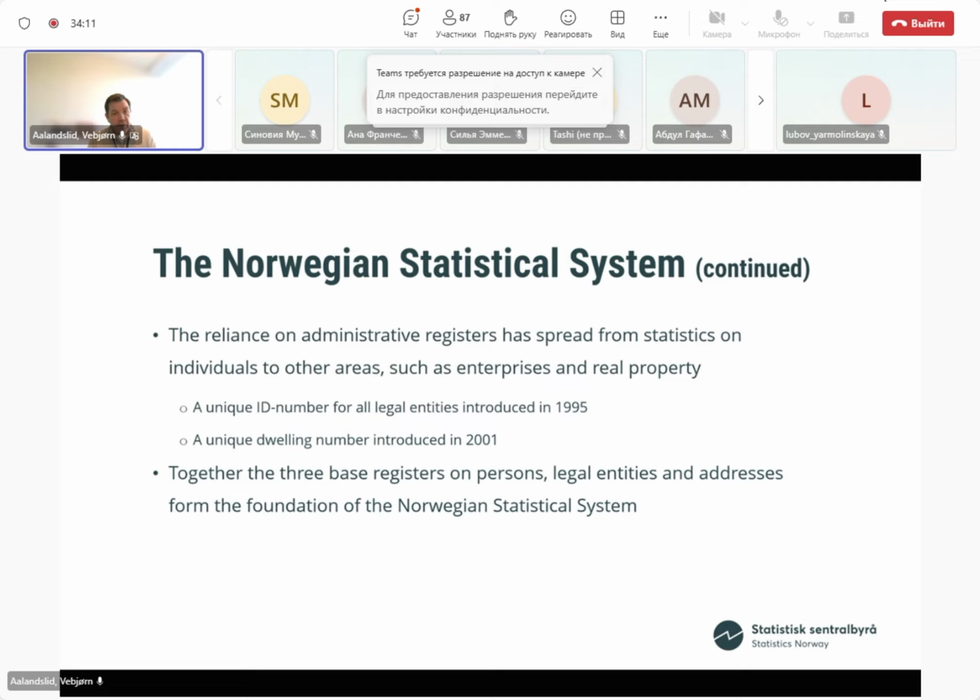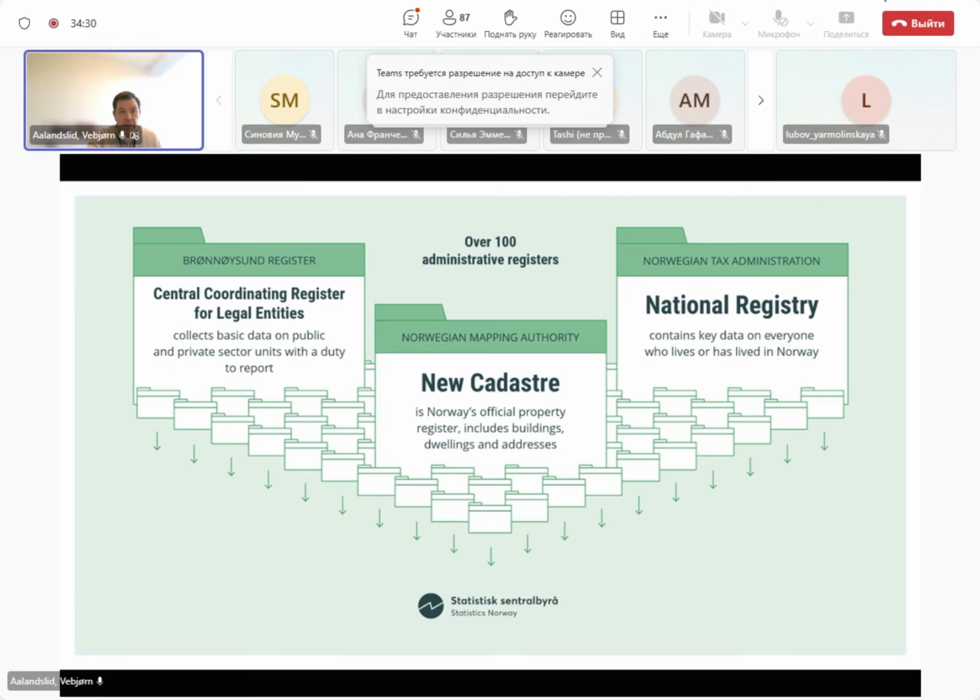So together, we established 3 registers: on persons, on legal entities, which means businesses, and on addresses. And these 3 base registers form the foundation of the Norwegian statistical system.